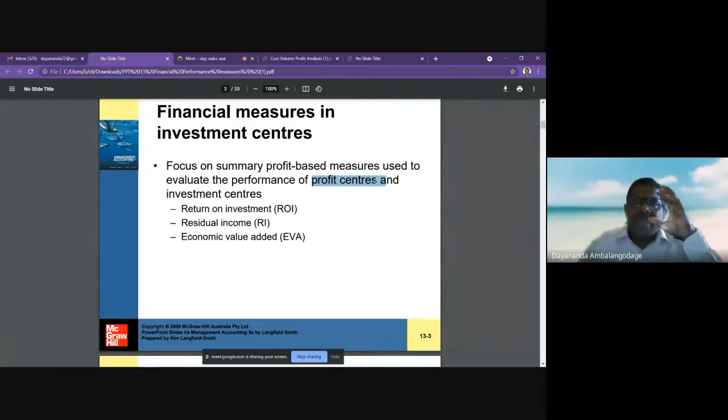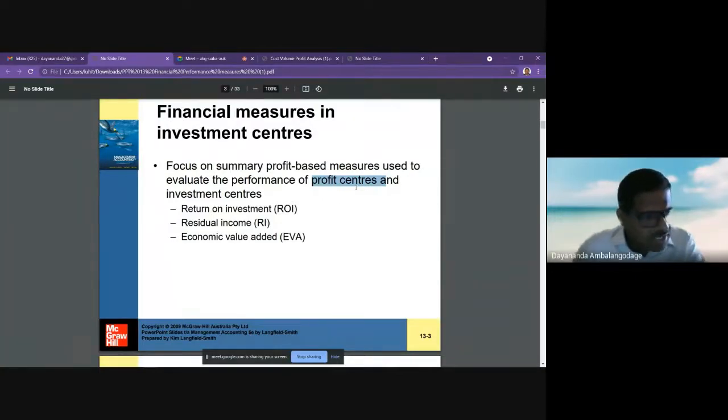Profit center managers are responsible for both cost and revenue. Thereby, they have to manage the cost, they have to run the business in an efficient way, managing resources, and addressing the inefficiency issues are responsibility of those managers.